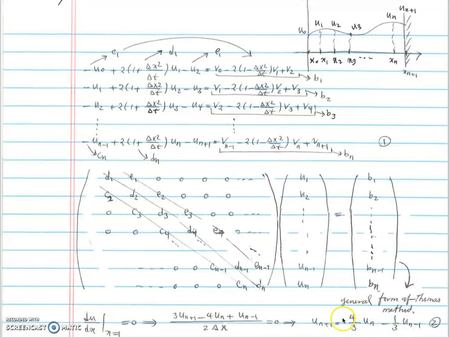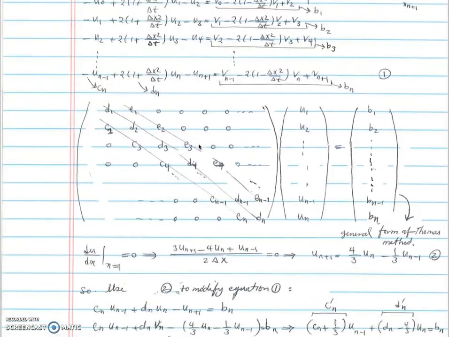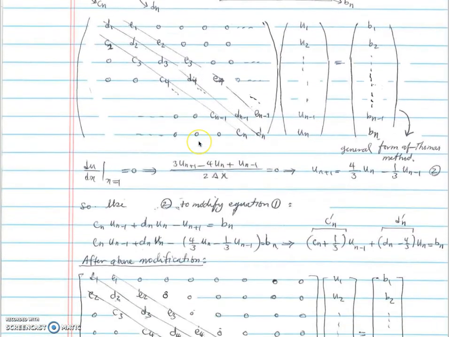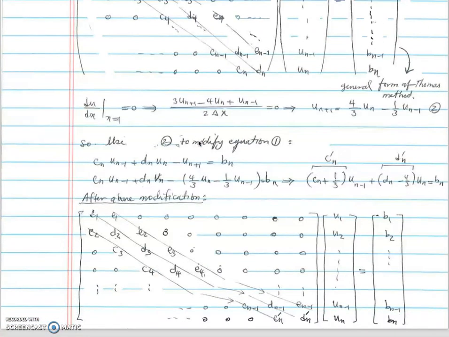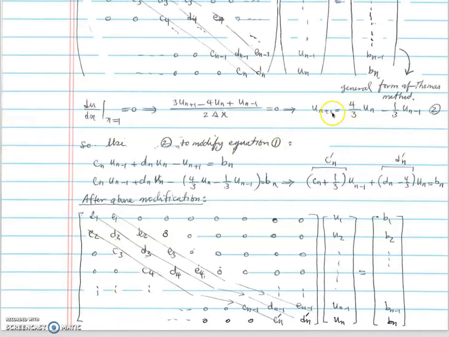So how can we use this now? Well, look at the last equation here. Recall that this is an extra coefficient. I cannot have this if I want to use Thomas method. So to get rid of this term, I'm going to use equation 2 here and plug that into equation 1. So let's look at that more carefully.